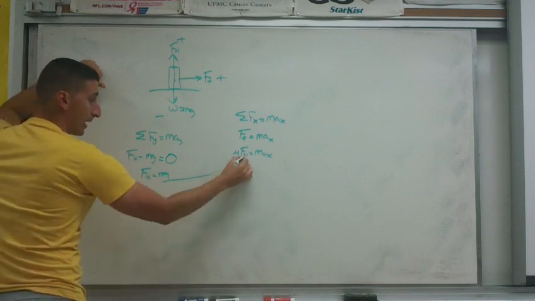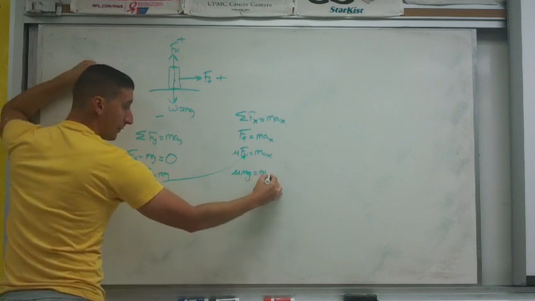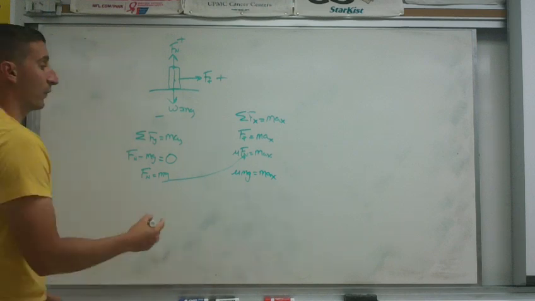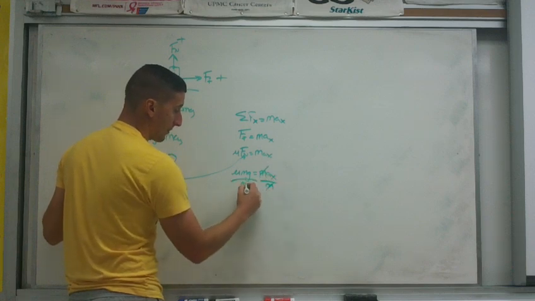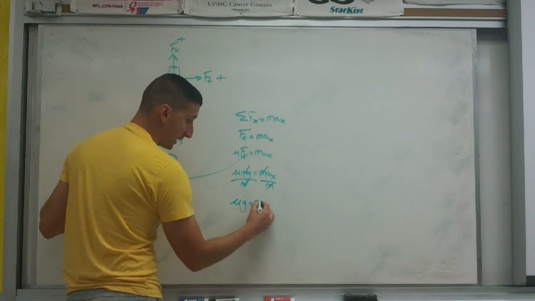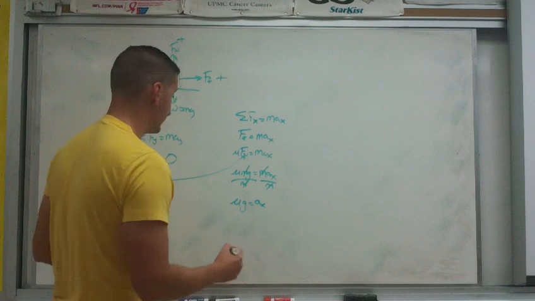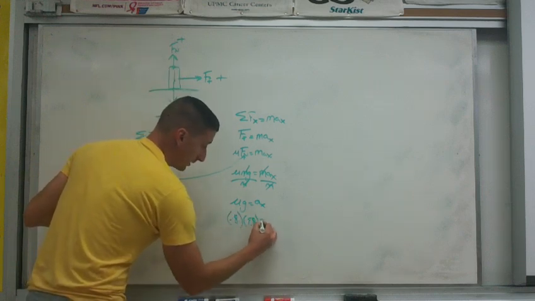I'm going to plug in for that. Mu mg equals max. Okay? So to solve for a, I would divide by mass. Cancels out. I'm left with mu g equals ax. Mu for the tire is 0.8. G is 9.8.